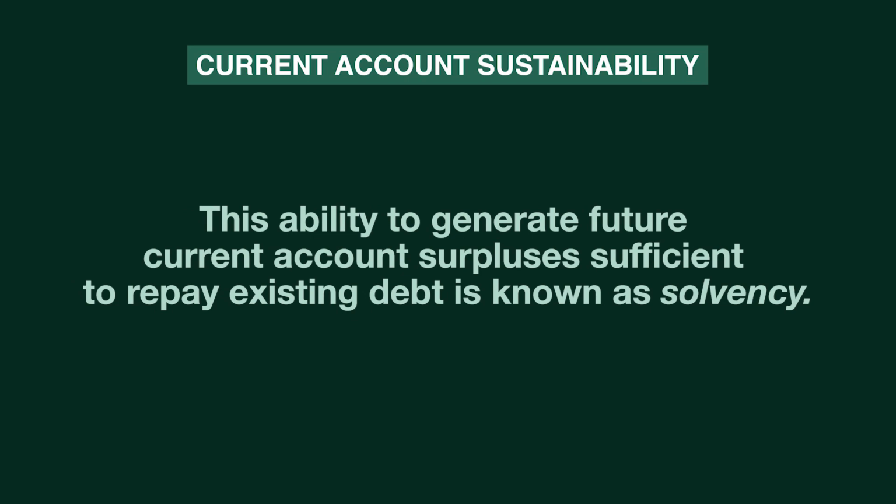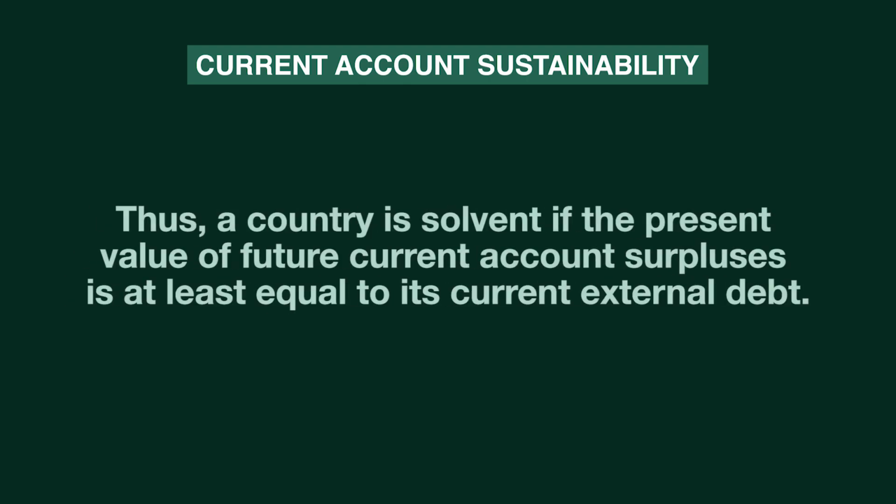Now, the ability to generate future surpluses for the economy is a requirement for repayment of existing debt, and this is known as the solvency of the country. The country will be considered to be solvent if the present value of the future current account surplus is at least equal to the current external debt.